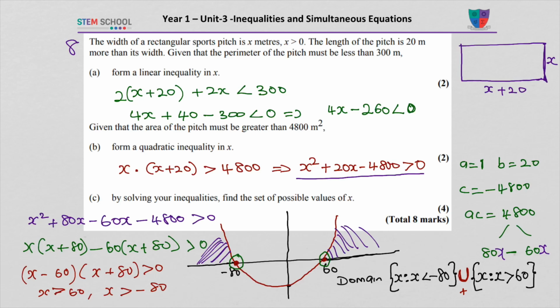So the points we've just written are from minus 80 down and from 60 upward. That's the x values we want. That's what this is explaining.